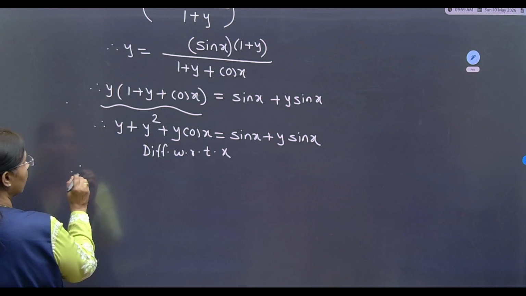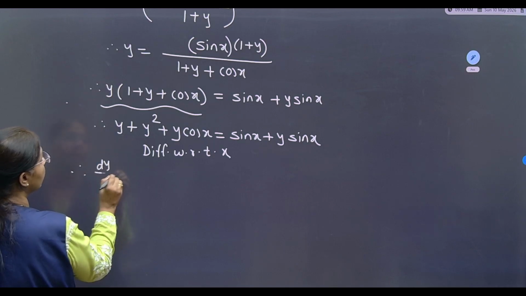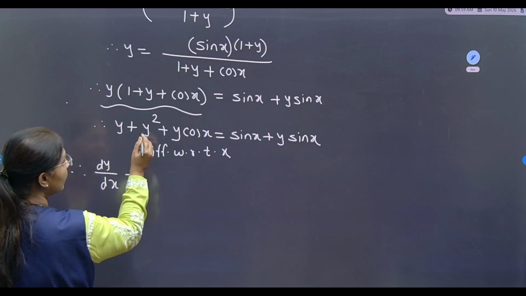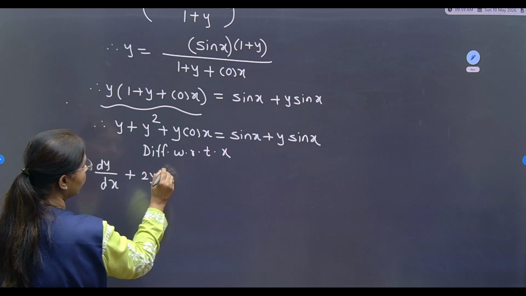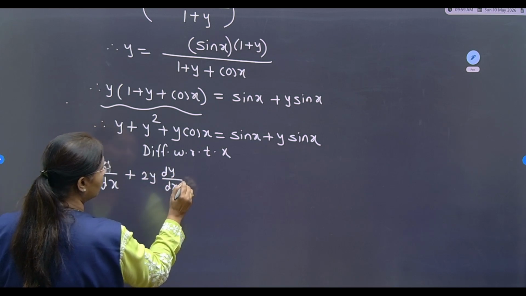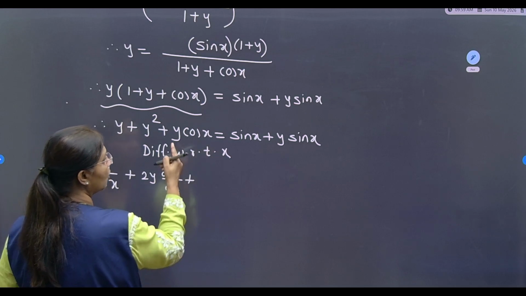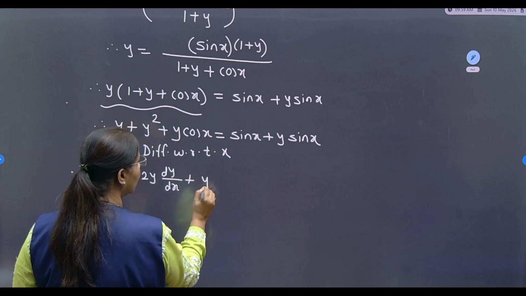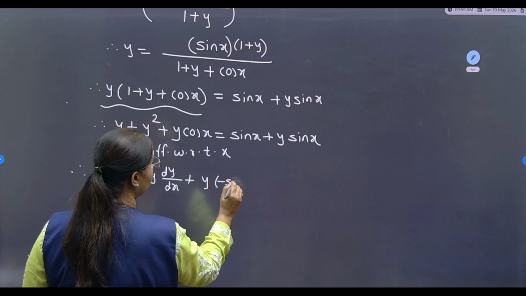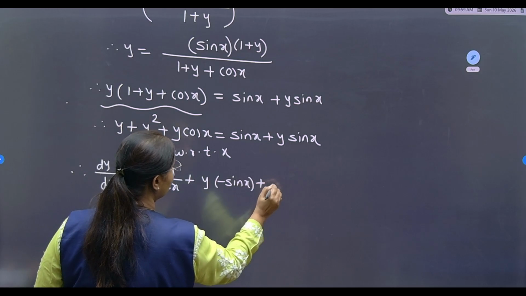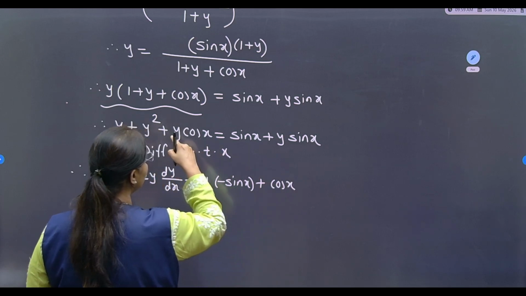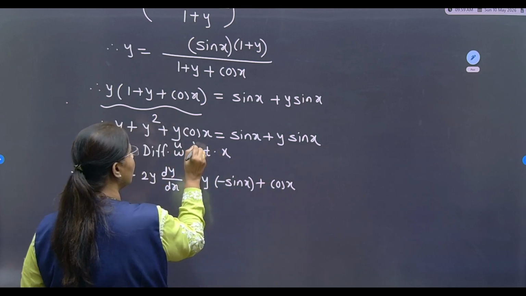Then the derivative of y with respect to x is dy by dx. Derivative of y square is 2y into dy by dx. Plus y cos x, derivative by product rule: y into derivative of cos x, minus sin x, plus cos x as it is into derivative of y, here using u into v.